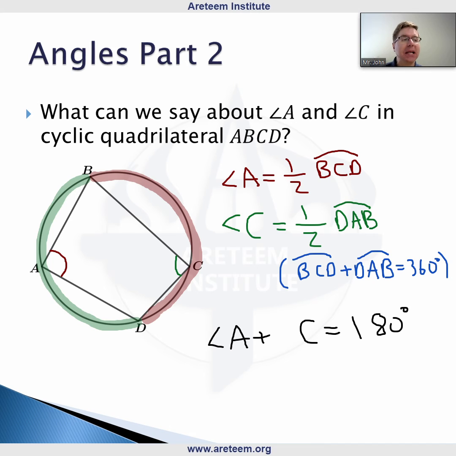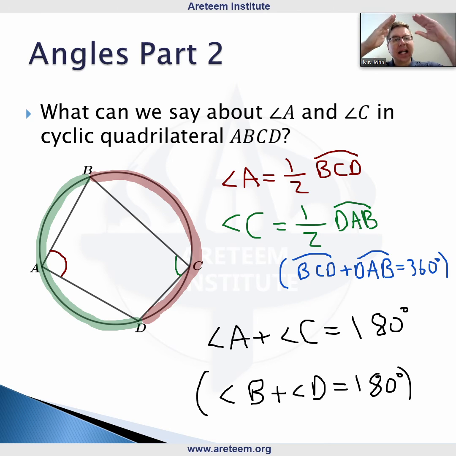Now, I didn't mention this on the previous part 1 of this angles thing, but it should be pretty obvious, and hopefully it's clear to everyone, that of course this is nothing special about A and C. The labeling there doesn't matter. This is a statement about two opposite angles in this cyclic quadrilateral. So the same thing is true for angle B plus angle D. On the previous slide, that's true for any of the times they share the same arc there.